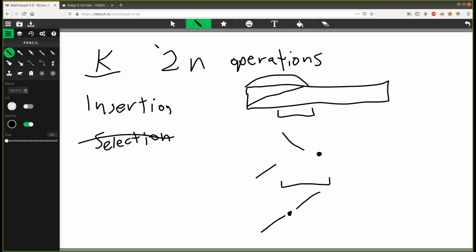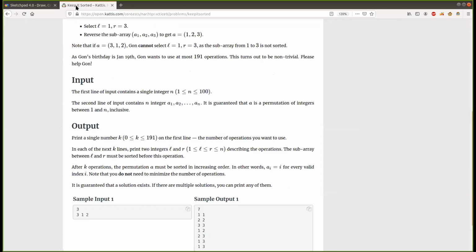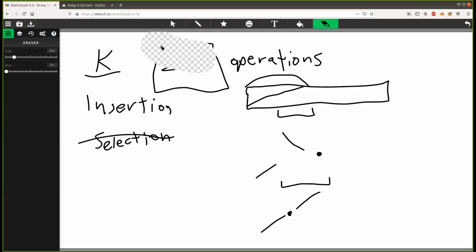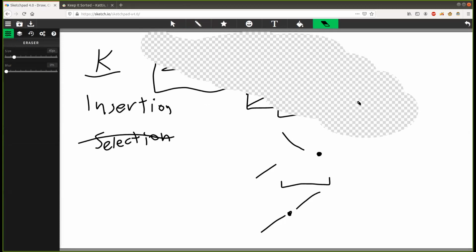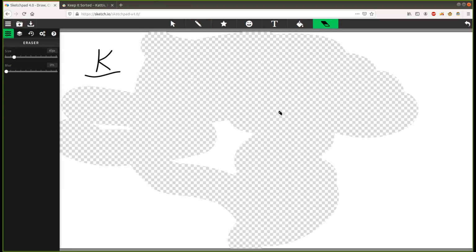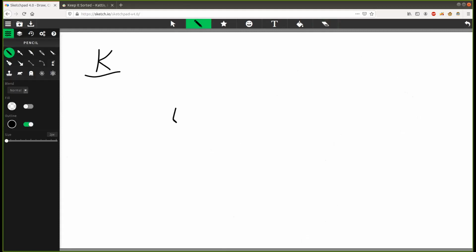So actually, there is a somewhat simple way to think about how you can do it in 2n operations. But unfortunately, they didn't ask for 2n operations, they asked for 191. And I'm not sure what the intended solution is, but my solution is: let's say we're given the permutation.